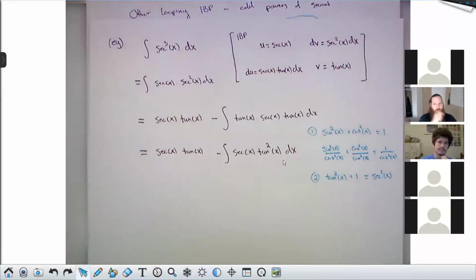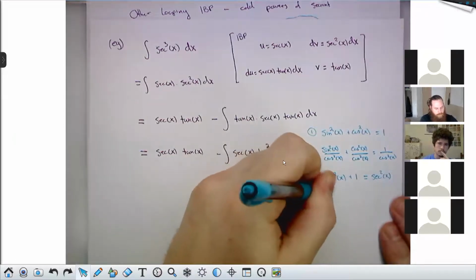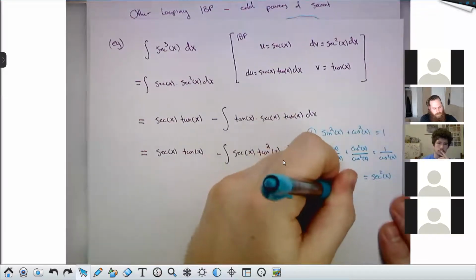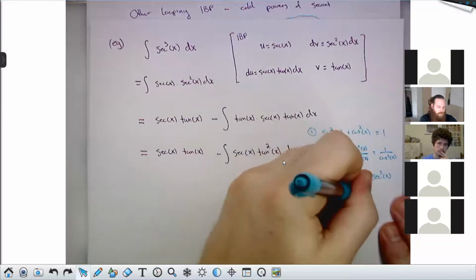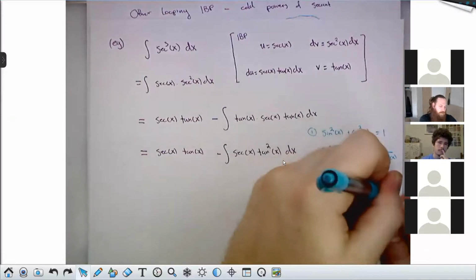So this is what's called the second Pythagorean identity. This up here is called the first. First Pythagorean identity is item 1. Second Pythagorean identity is item 2. Rearrange item 2 to isolate tan squared, and you get tan squared x is equal to secant squared x minus 1.